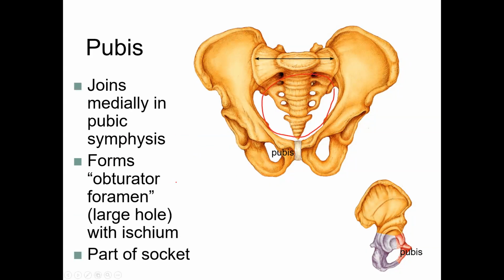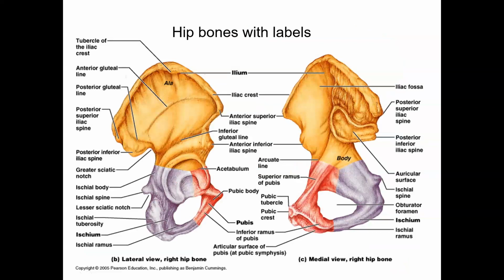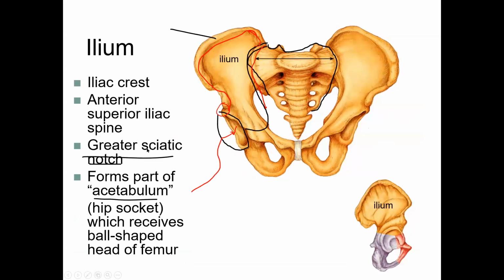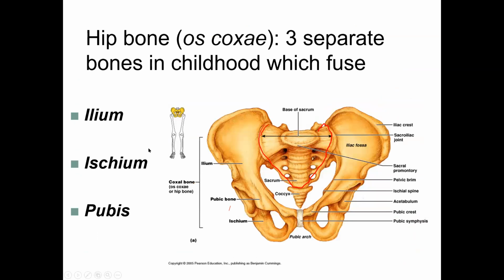I am not going to ask you to do any more than being able to label this diagram here. Okay? So for example, you can see here the iliac crest. You can see the spine here. So fundamentally, what I want you to remember is the three main portions of your pelvis.